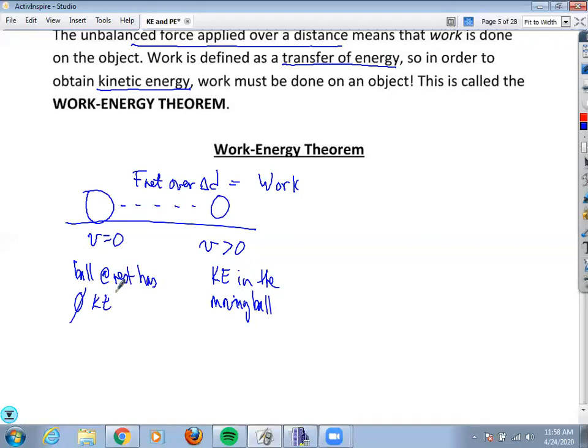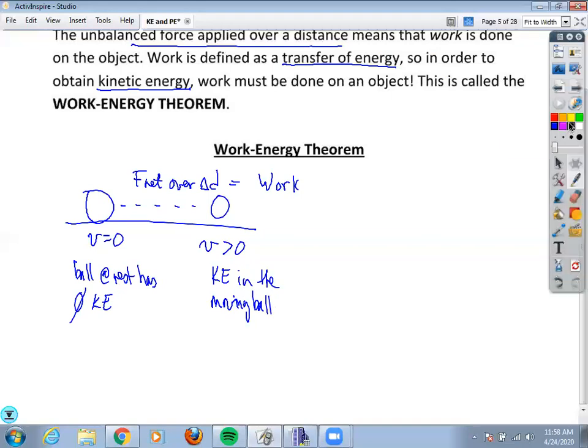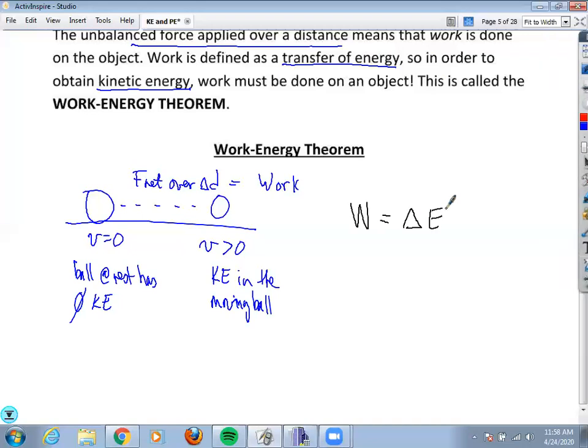Okay, so what does this bring us to? It brings us to the work energy theorem, which states simply that work is equal to a change in energy. If you do work on an object, it's going to change its energy level. So if we expand that, change in anything is equal to the final energy level or final amount minus the initial.